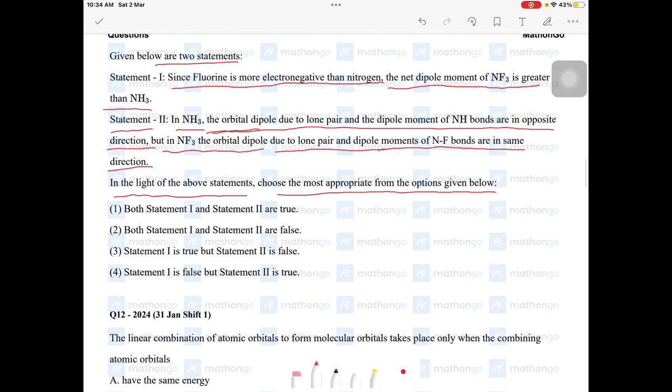First, take the structural formula of those two. First one is NH3, with one lone pair. NF3 is also the same: 3 NF bonds and one lone pair. See students, now take a direction, it is a vector quantity. Hydrogen is less electronegative, nitrogen is more electronegative, vector quantity towards nitrogen.